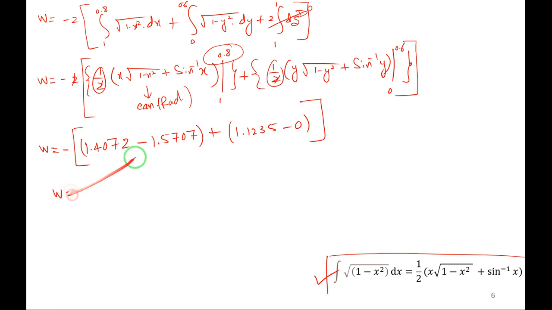So I will calculate this entire thing first. 1.4072 minus 1.5707 plus 1.1235. So I am getting 0.96, but this minus sign is there, so minus 0.96 joules.